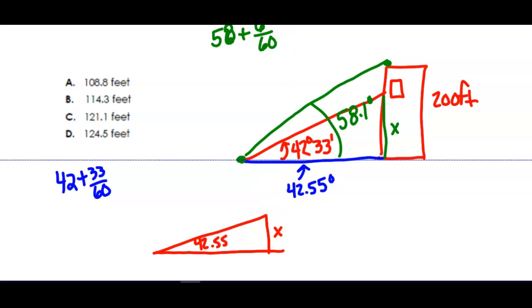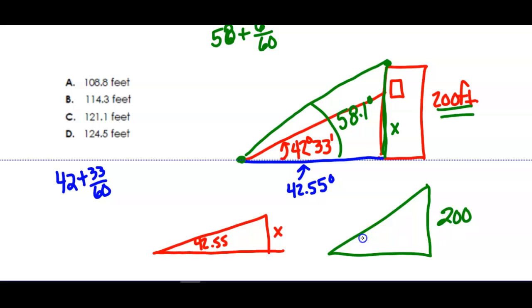In the green triangle, the green triangle is golden because 200 is all the way to the top here. So 200 here and 58.1 here. I'll call this G for ground. If we can find that ground distance, then we'll be able to find X over here.